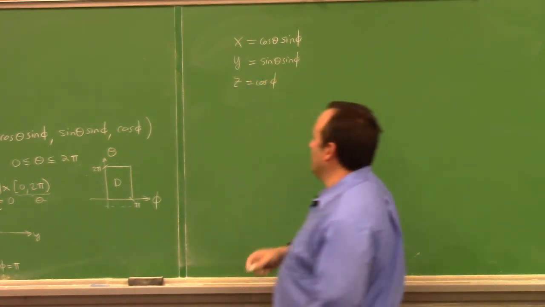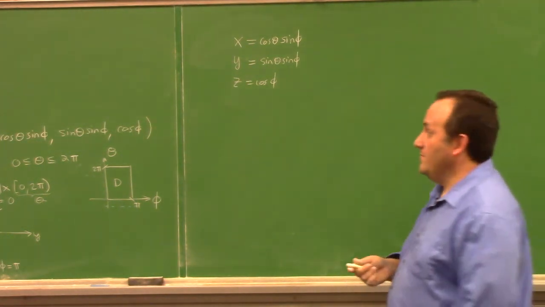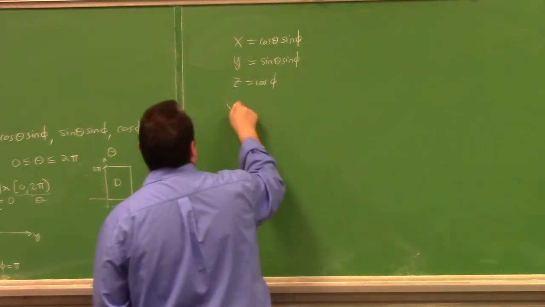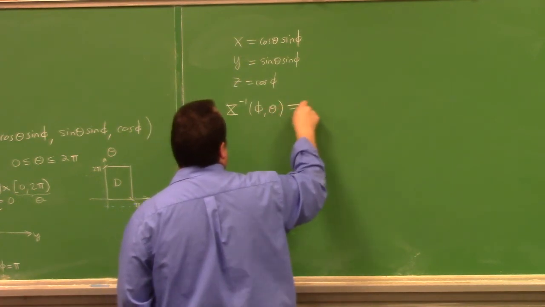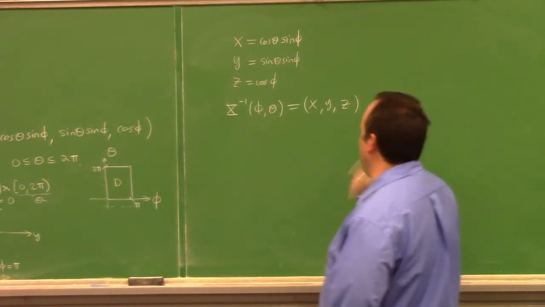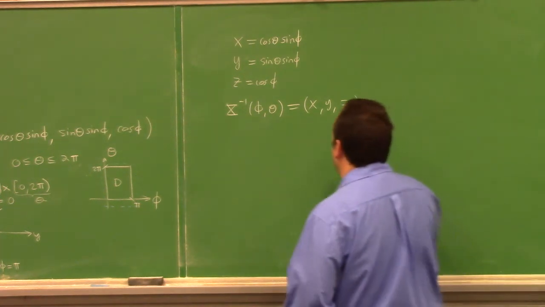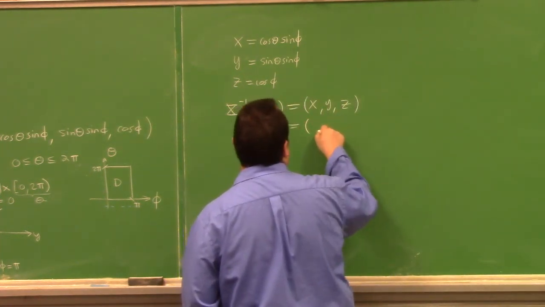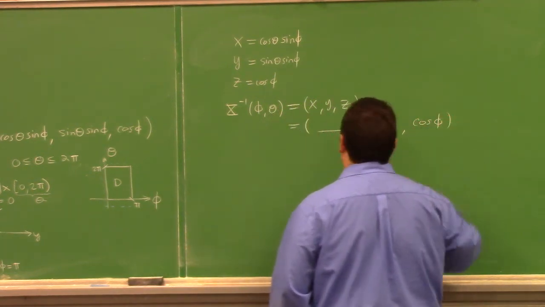Can you solve that for theta and phi? That's what we have to do. We want x inverse of, well, rather phi theta. So I guess z is easy enough, isn't it? All right, fine. So we got that much. We've accomplished at least one component. Hooray.